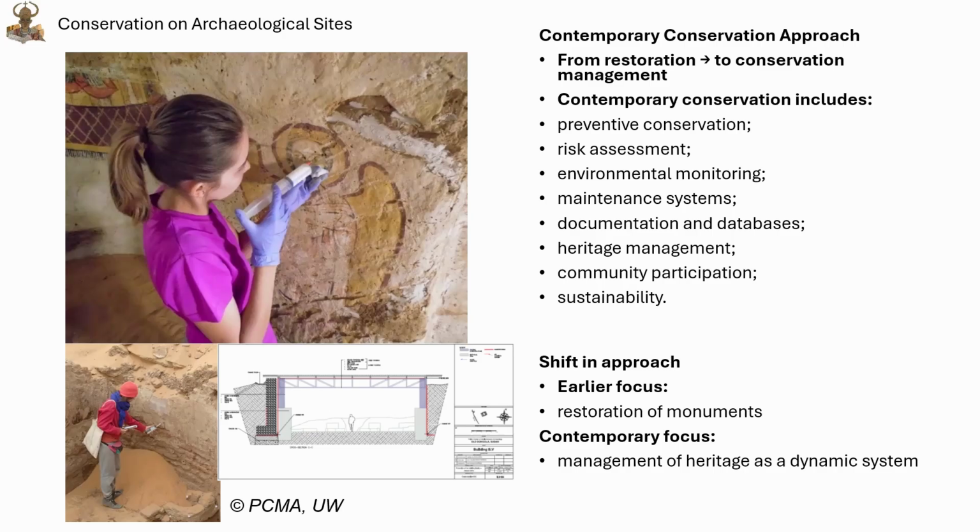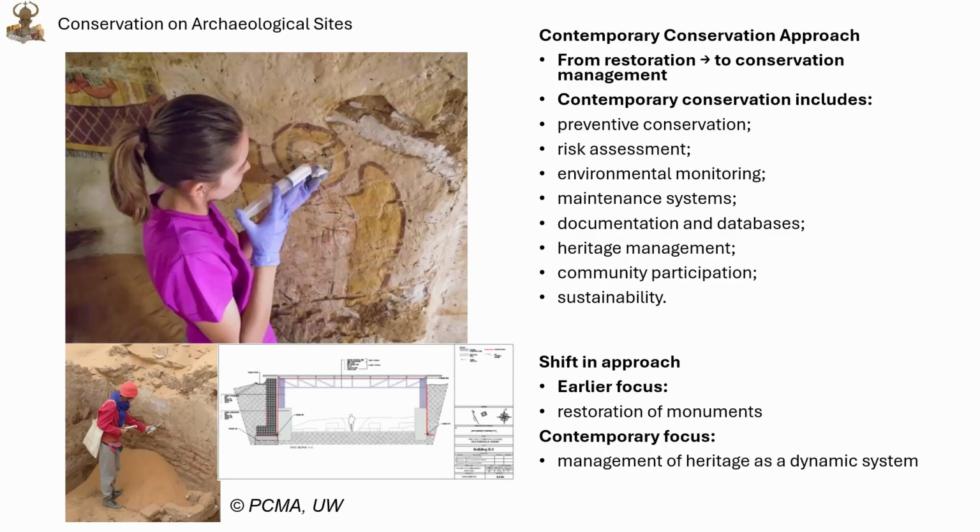Another important change is the understanding that heritage should not be treated as a static object. Archaeological sites are really dynamic systems affected by environmental conditions, tourism, excavation itself, climate, and social use.